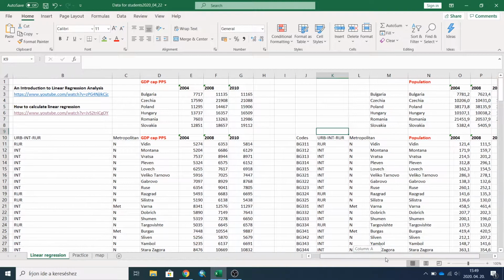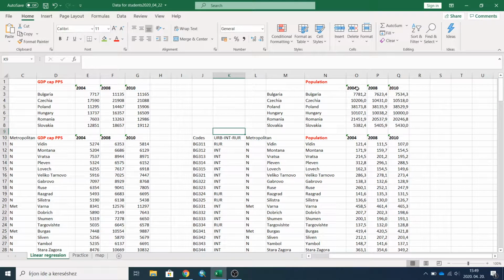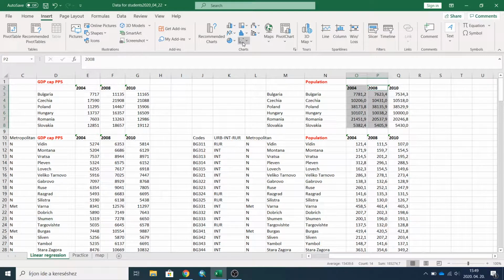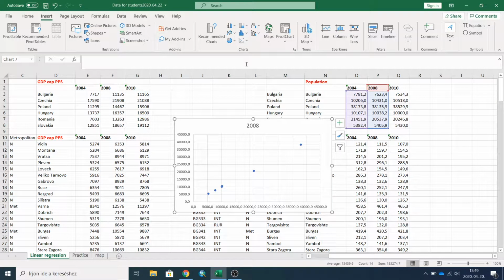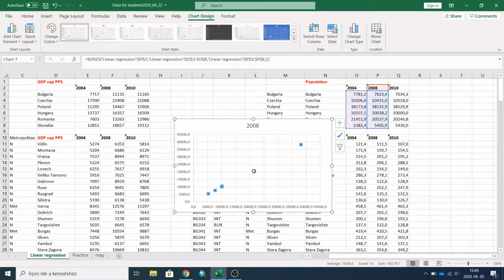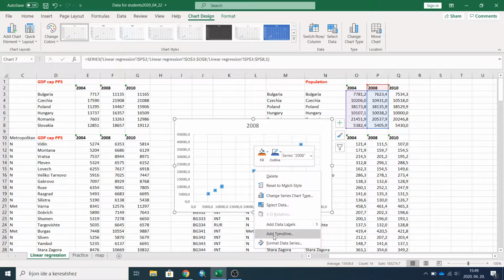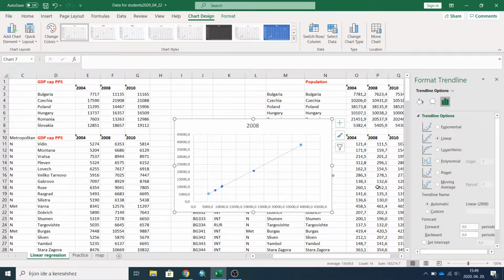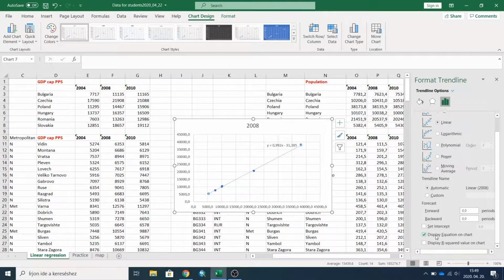We analyze the population, 2004 compared with 2008. The situation is the same. Insert charts, scatter dot. You can see that. Left click, after that right click, add trend line. After that, trend line options linear, display equation on chart and display R-square on chart.